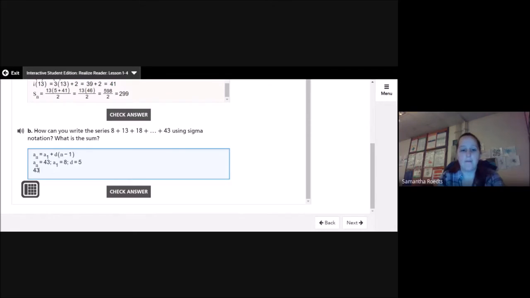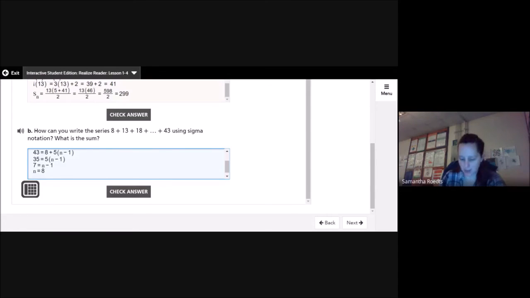So I have 43 equals 8 plus 5 times n minus 1. So 43 minus 8 gives me 35 equals 5 times n minus 1. Divided by 5 gives me 7 equals n minus 1. I add 1 to both sides, so n equals 8. Okay.